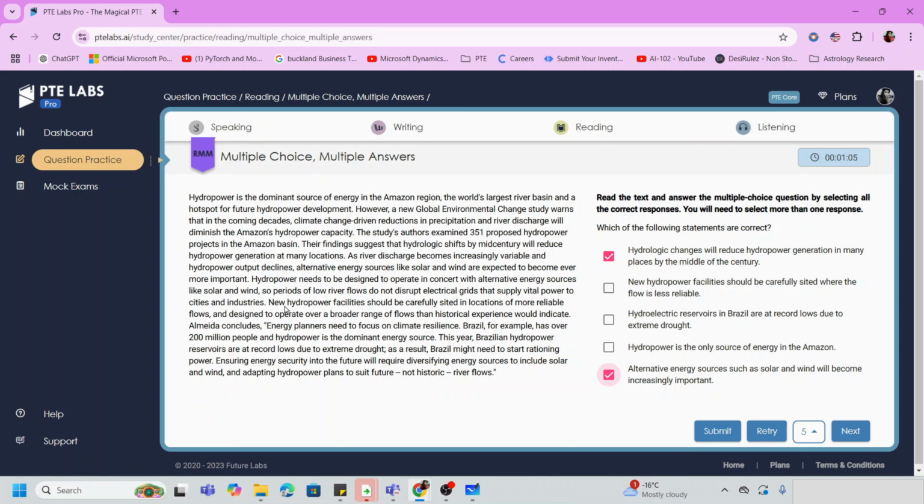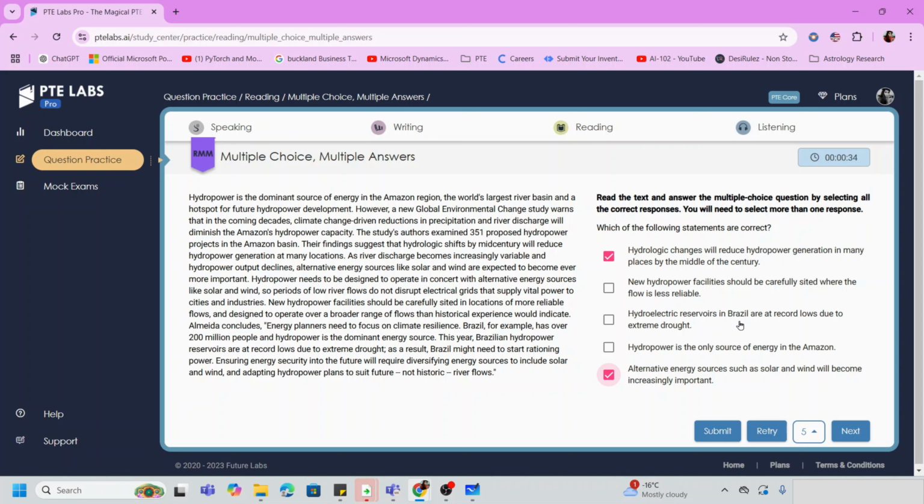Now, new hydropower should be carefully sited in locations of more reliable flows and designed to operate over a broader range of flows than the historical record would indicate. New hydropower facilities should be carefully sited. Okay, this is good, in locations of more reliable flow. But here we can see that it says where the flow is less reliable. So this is not the answer. Okay, next.